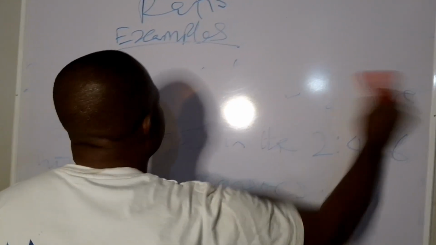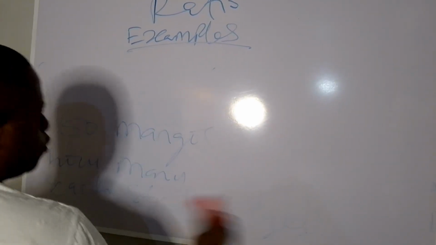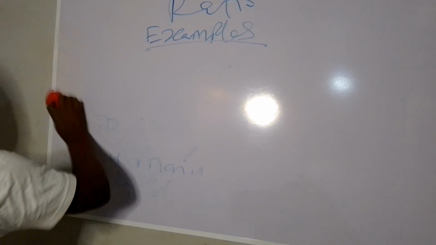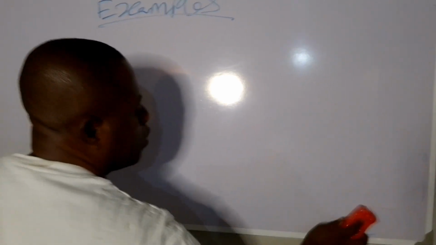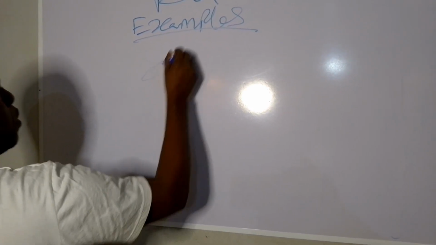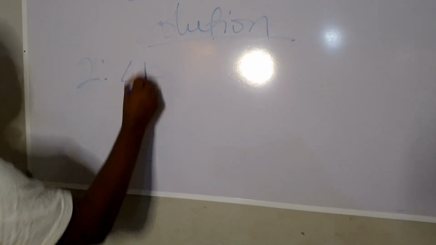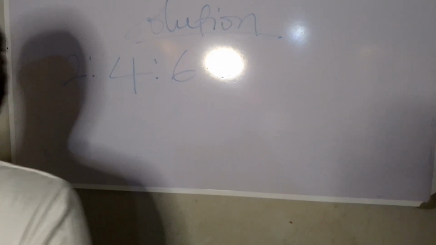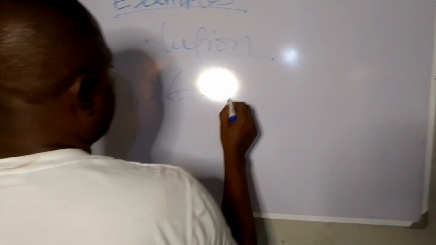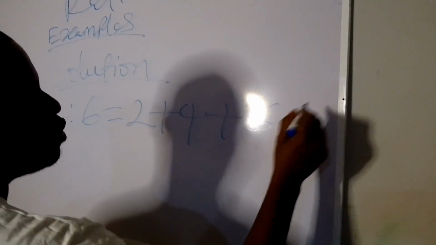How do you solve this? I think you always start with the word solution, because every problem has a solution. Solution. The ratios are 2:4:6. You add the ratio together. 2 plus 4 plus 6 equals 12.